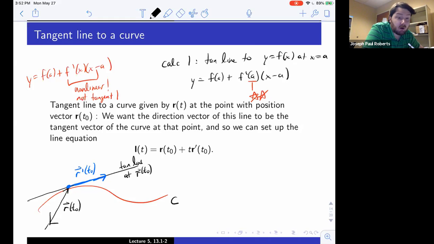Then r prime of t naught, not t, but of t naught, is the direction vector for the tangent line at that specific point. And then you could do parametric equations, you could do a vector equation. I just wrote L of t because R of t is the name of the curve vector equation, so I just picked L for line, whatever.